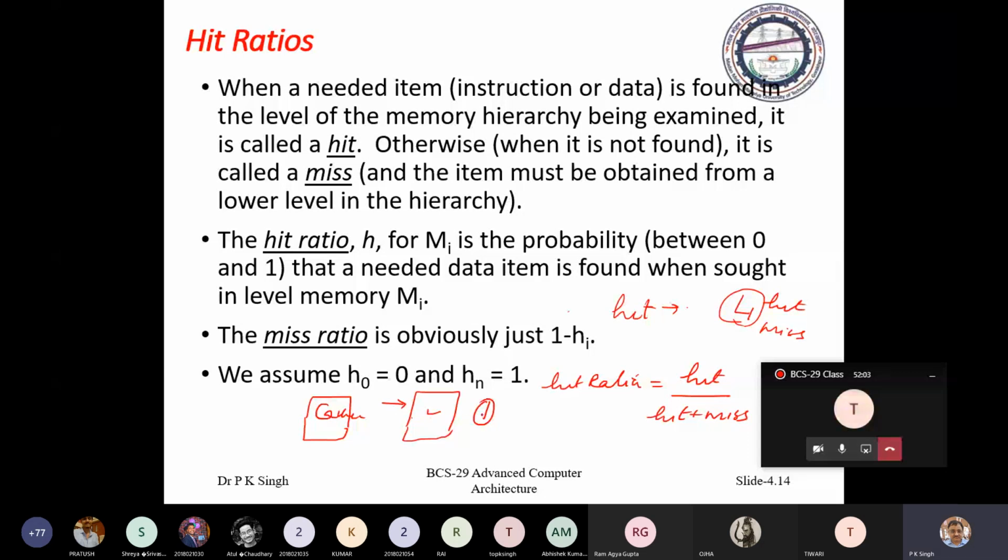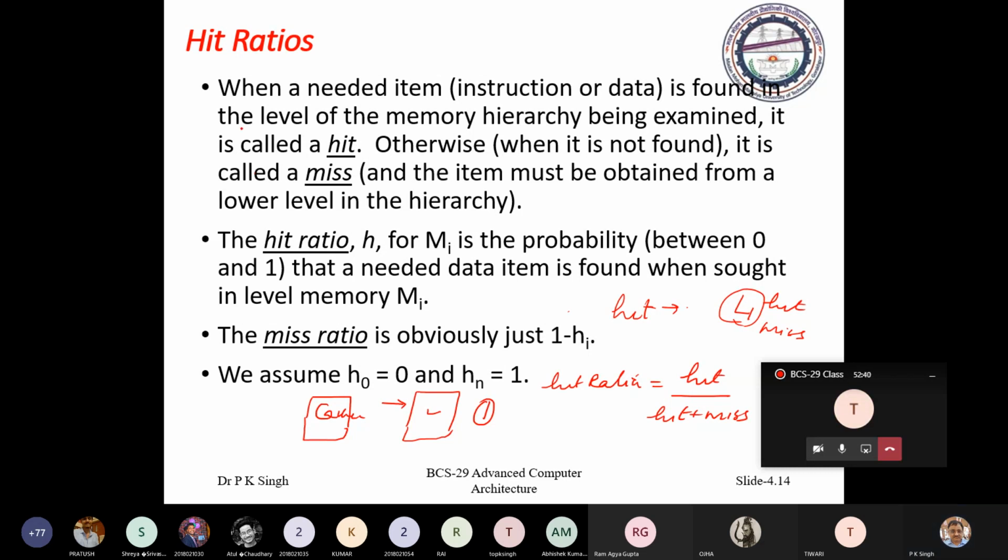But suppose, as you know, due to the capacity constraint, this lower level memory has less capacity because of the cost. We keep only the active portion of the program. It is not possible to keep the entire program.